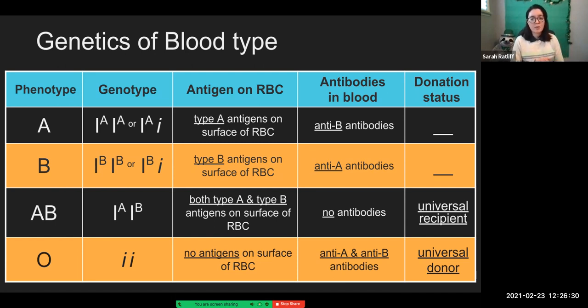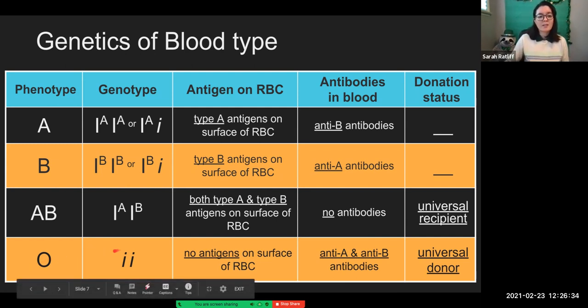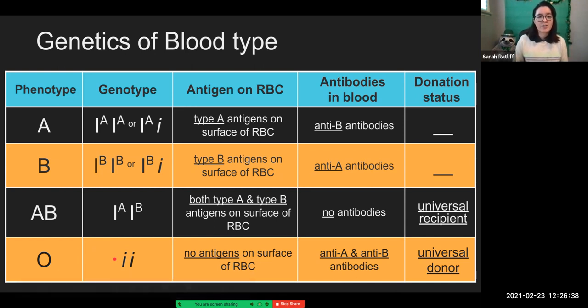Type O blood is another special one. If you notice, when we have our recessive little i, there are no letters attached. There are no antigens. This means any blood type can accept type O. There's no little antigen hanging onto each blood cell saying, hey, I'm an A. If you don't have A, we're not going to get along.